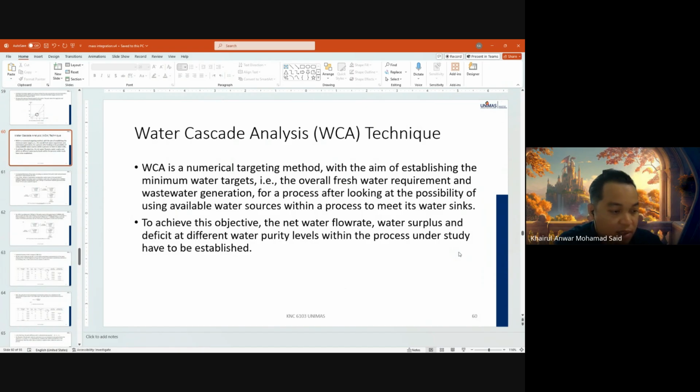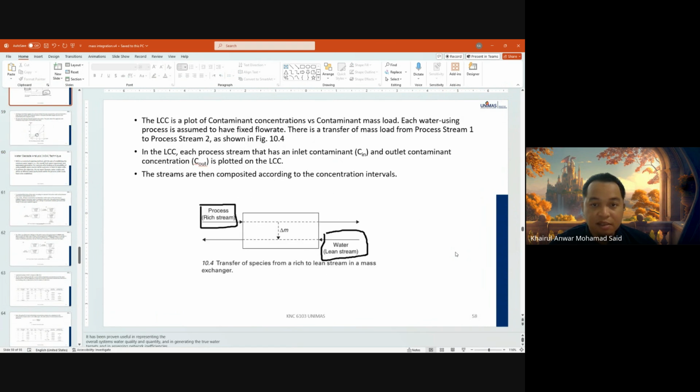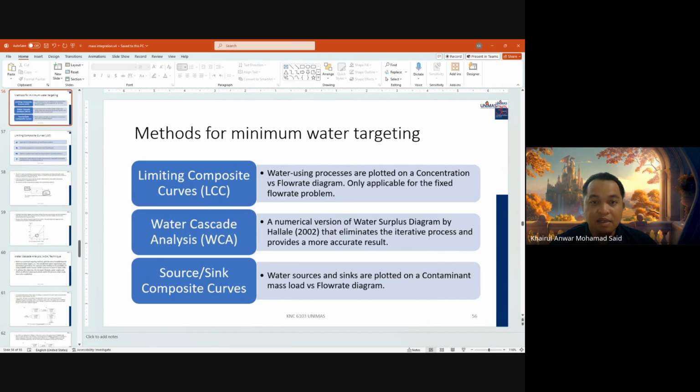So in step three, you see there are several methods, three methods. There are many more. You can refer to the code, but in this case, I will just highlight these three.